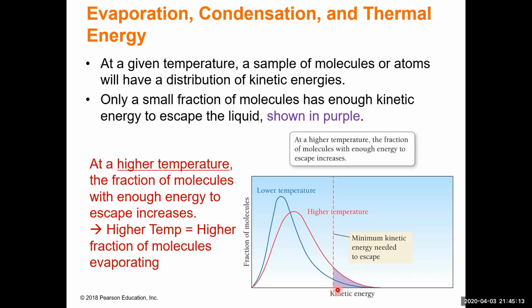What we see is at this higher temperature, the red curve, the fraction of molecules that have enough energy to escape will increase. The purple will be shown as the part of the line beyond the minimum kinetic energy to escape. It'll be right below that line. And we see at the higher temperature that that region will be higher.